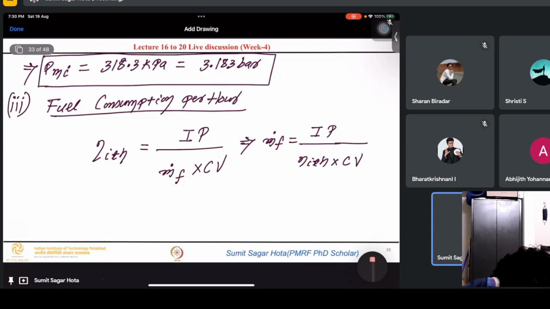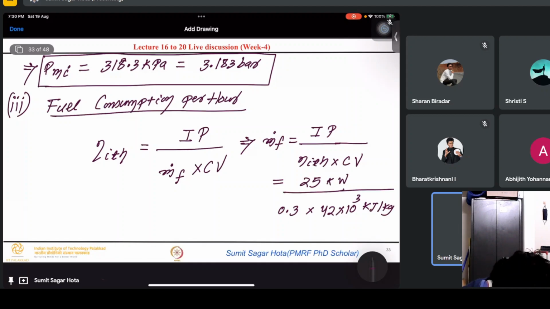Okay, substitute the values. 25 kilowatt, 0.3 efficiency. Convert megajoule per kg to kilojoule per kg because power is in kilowatt. 42 into 10 to the power 3 kilojoule per kg.